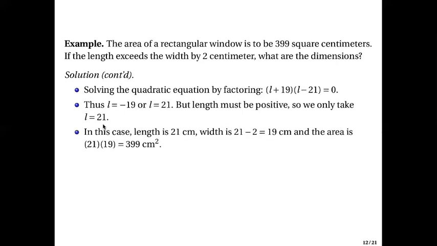In this case, the length is 21 centimeters, width is 21 minus 2, which is 19 centimeters, and the area is the product 21 times 19, that's equal to 399. Okay?